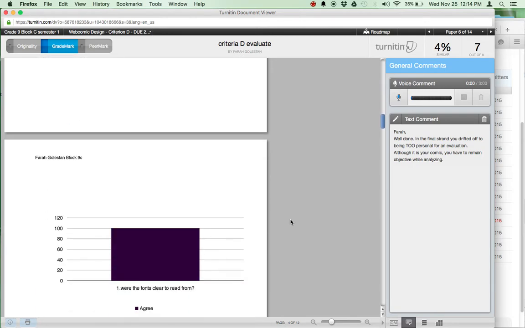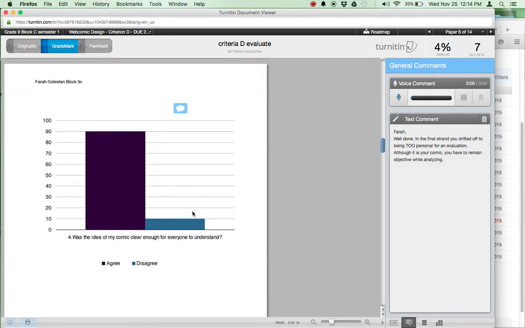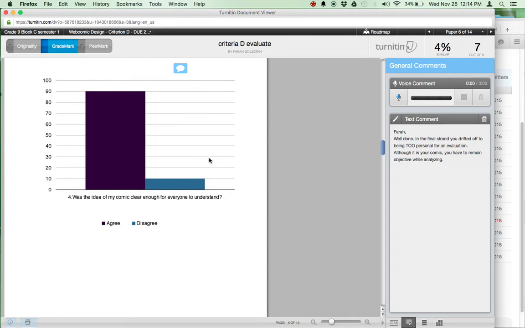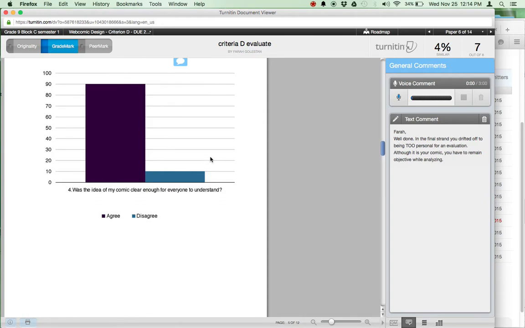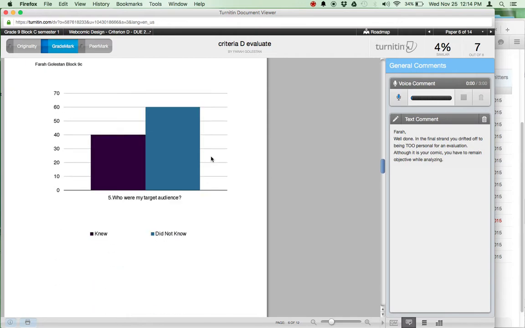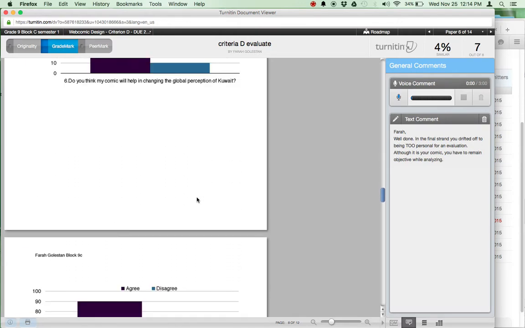All this is usually in most people's strand 1, so this would actually come before the analyzation. There's no right or wrong way to do this. If it comes before or after, it doesn't matter as long as you have it. That's the important part. All this for all your questions is very important.